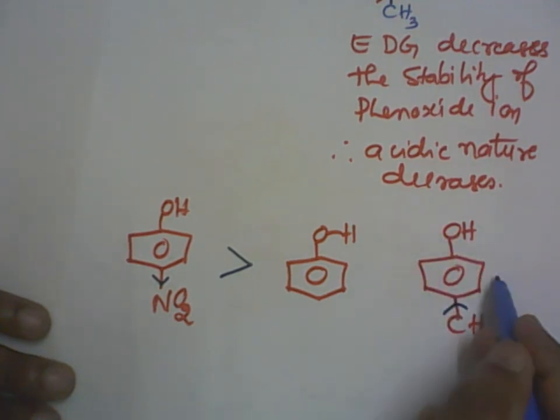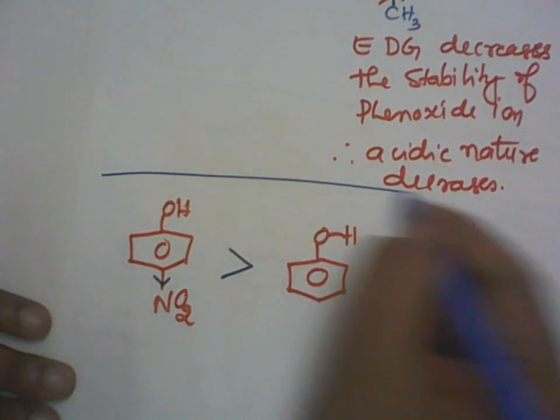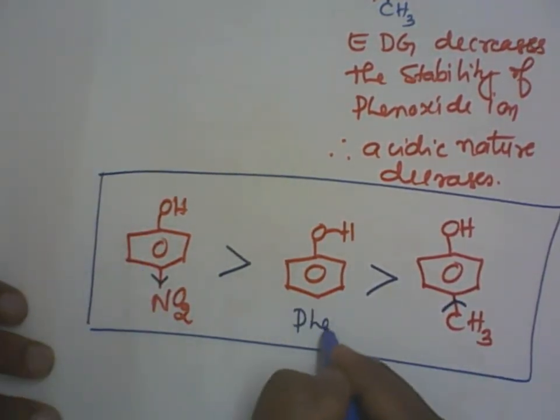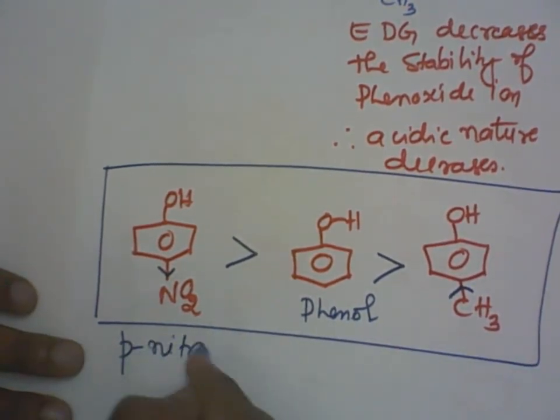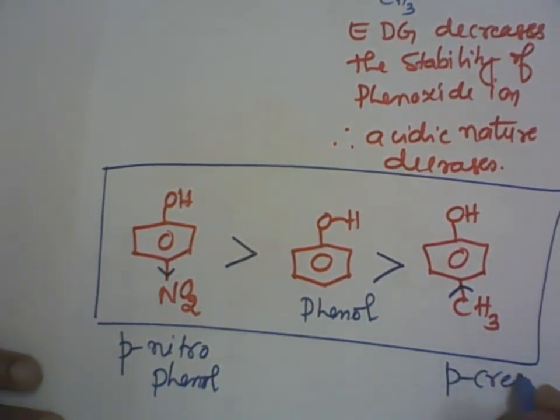The acidic nature also decreases. That means phenol is more acidic. So this is the order you have to remember. So this is the phenol molecule. This is para-nitrophenol. And this is called para-cresol.